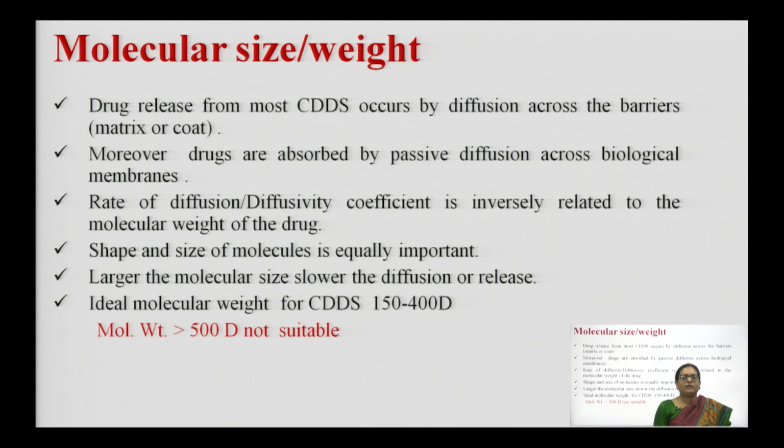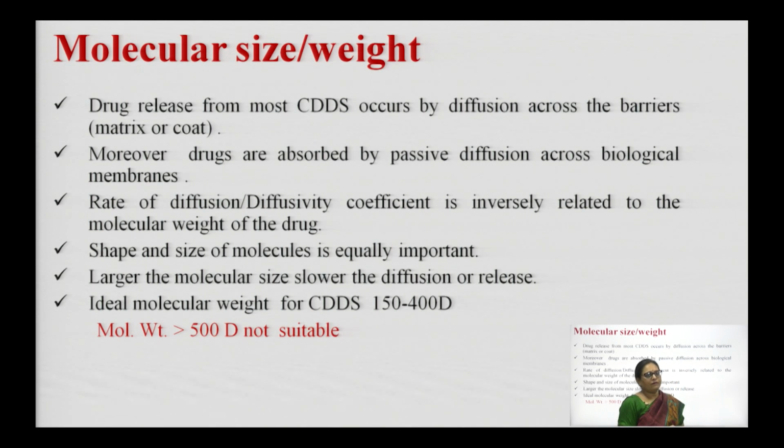The rate of drug diffusion, or diffusivity coefficient, is inversely related to the molecular weight of the drug. Not only this, the size and shape of the molecules is equally important. Thus, the larger the molecular size, the slower will be the rate of diffusion. The larger the molecular weight, the slower will be the diffusivity of the drug.